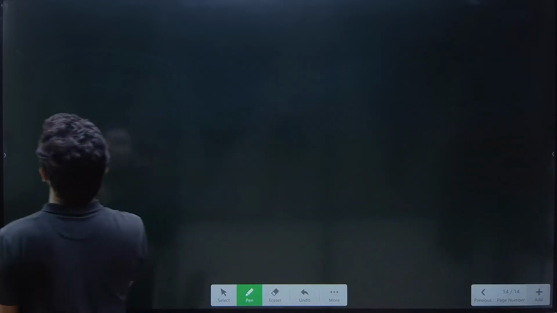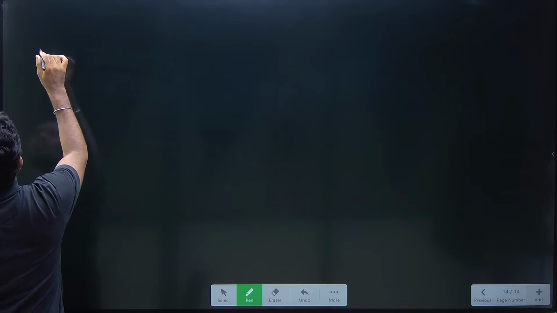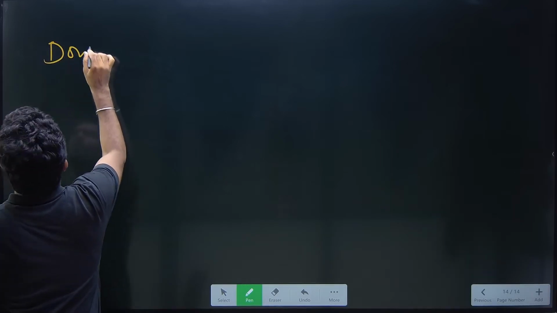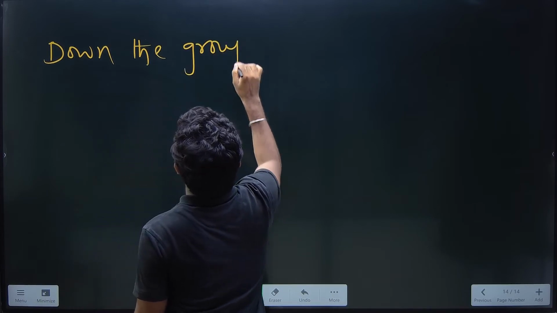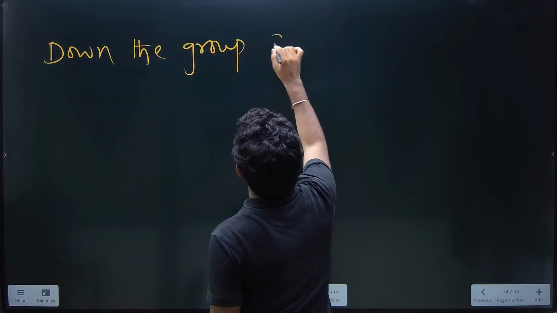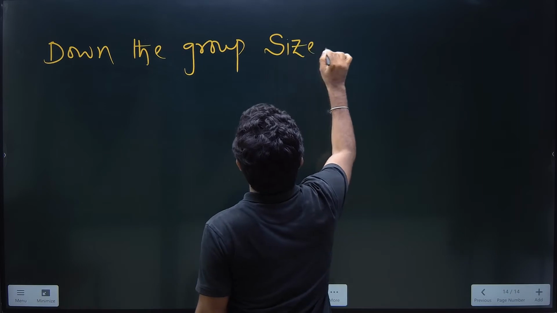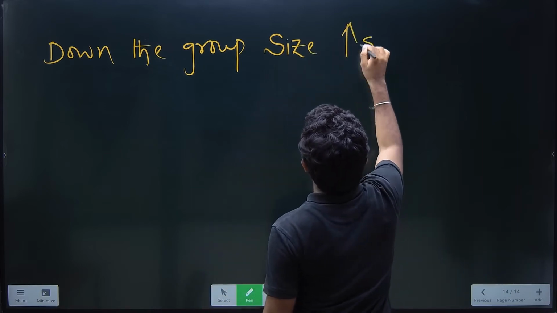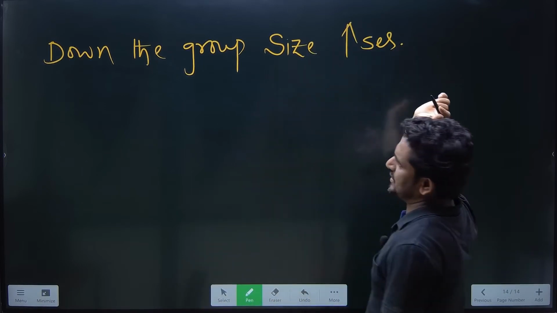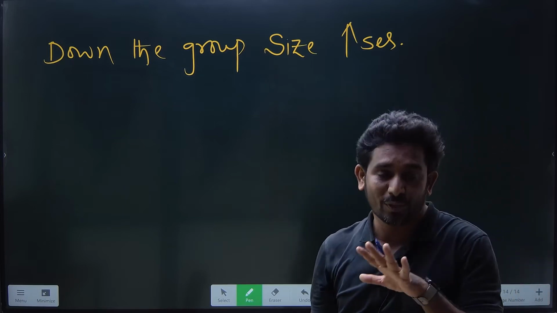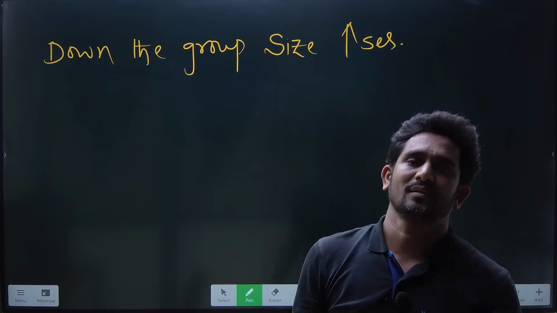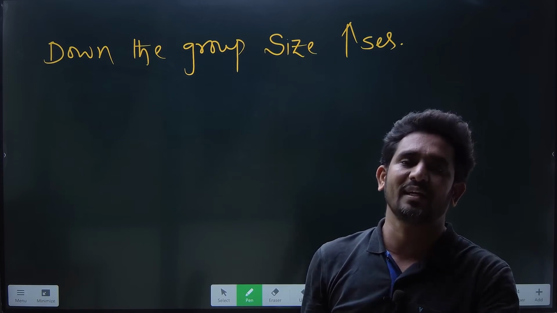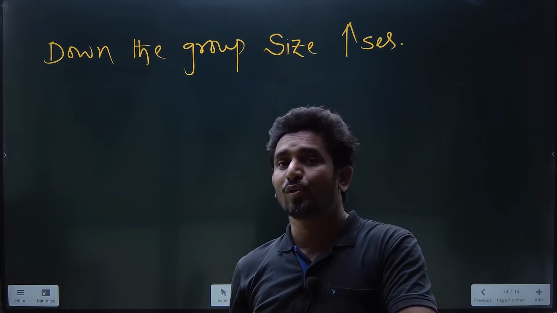Condition मतलब कैसे? Look at here, top to bottom, down the group, no doubt size increases, but not regularly. It will not follow a regular trend.